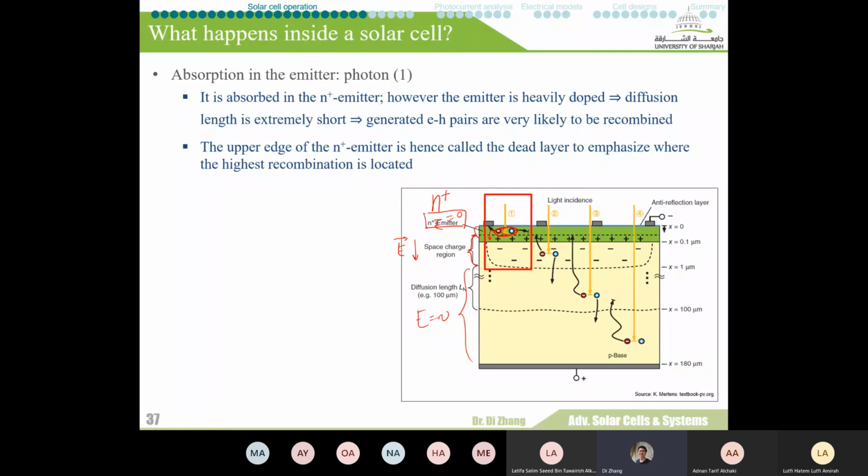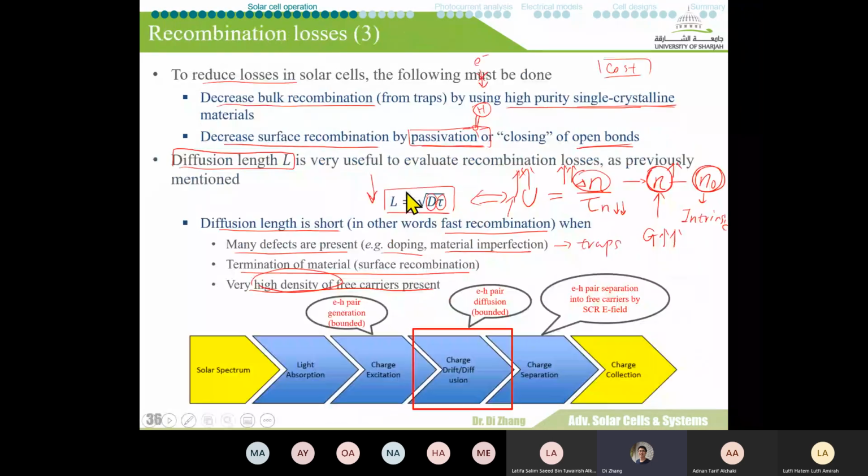This means that the diffusion length for the electron and hole pair here is going to be very short, because of heavy doping. Why is that? Because of the recombination equation we just mentioned. When you have a very large difference from the intrinsic concentration, such as with heavy doping, the carrier concentration is very high, so we have a very high density of free carriers present.